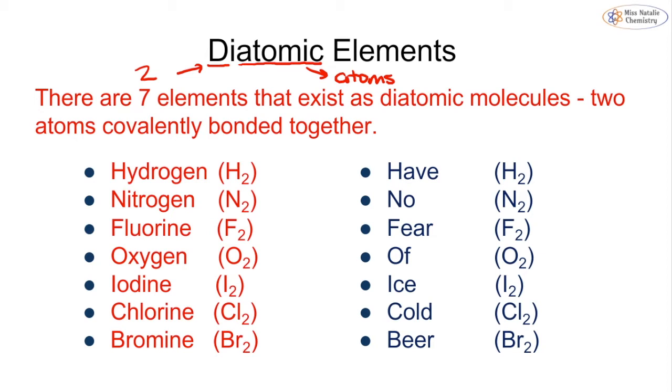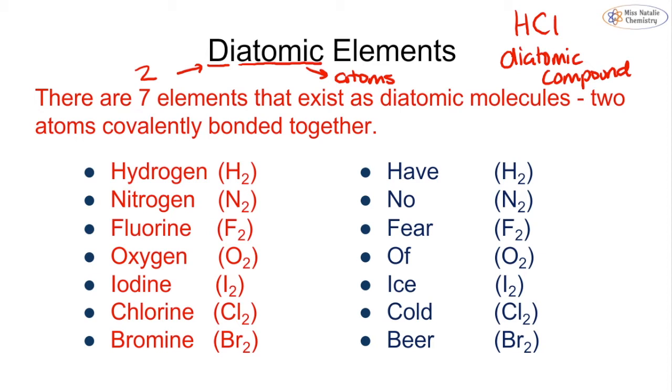Now, we can get other substances that are diatomic, but only these 7 elements are diatomic, meaning it is 2 atoms of the same element bonding together. So, for example, something like HCl is diatomic, but this would be a diatomic compound, not a diatomic element, because our 2 substances are different.